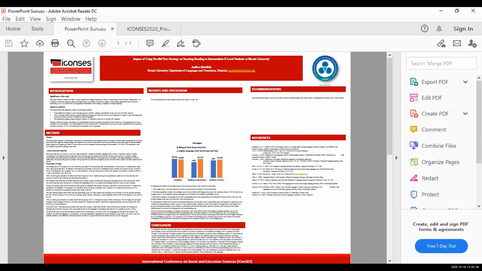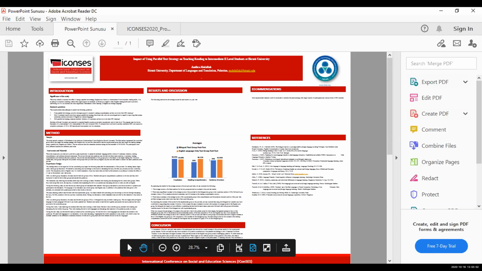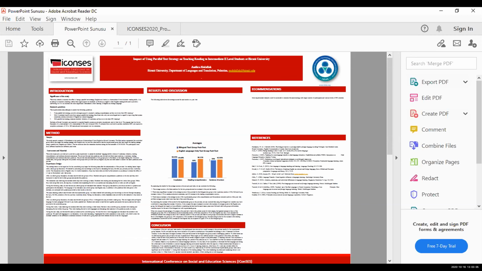Six weeks later, the post-test was given to both groups. Both tests were scored, and the results were compared. As this table shows, the comparison between the scores of the students of both groups, the experimental and the controlled group, on their post-tests.